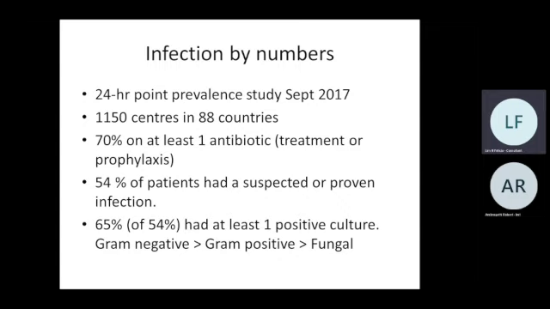About half the patients had either a suspected or proven infection, with just a bit more than that, 54%, having one positive culture. And the types of culture that they got were predominantly gram-negatives, followed by gram-positives, and then followed by fungal infections.